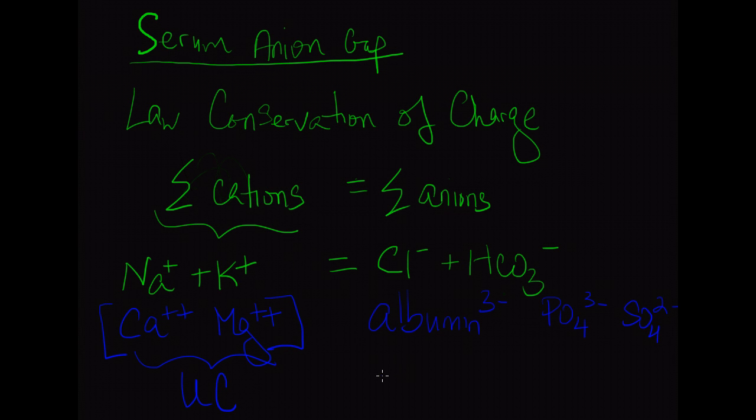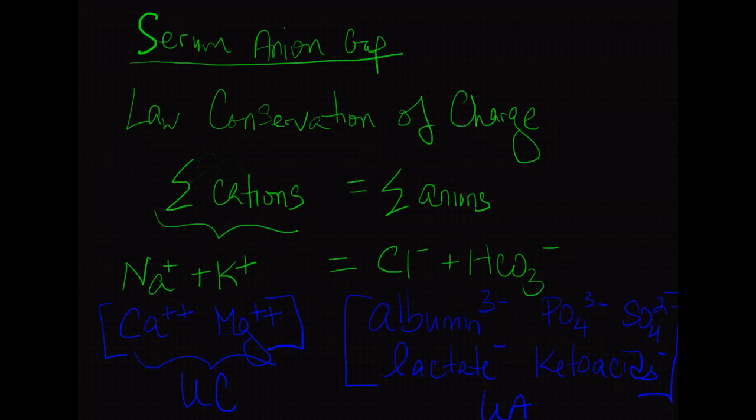We've probably got some lactate. Maybe some keto acids. Various charges. So these are all lumped together and are the unmeasured anions.